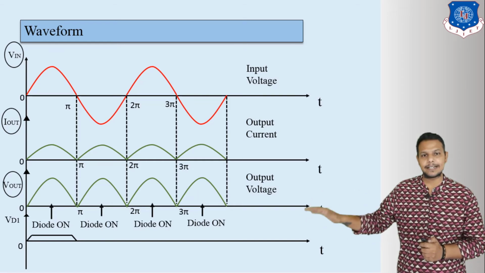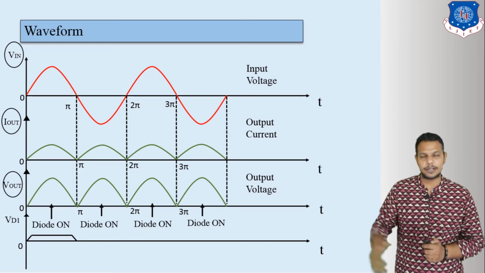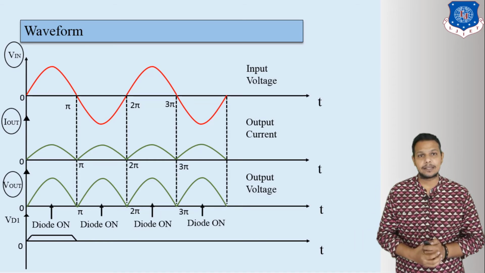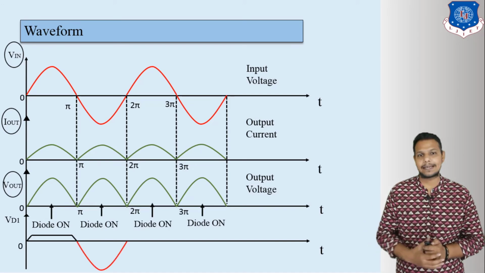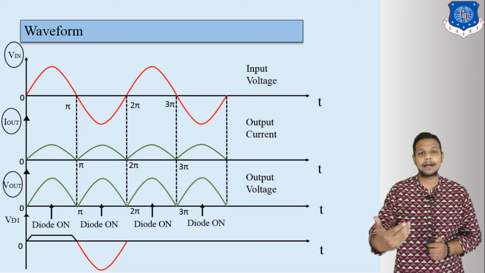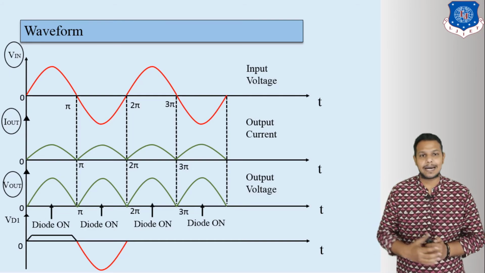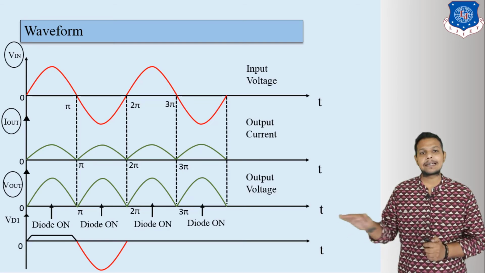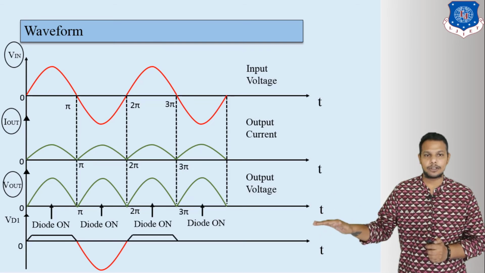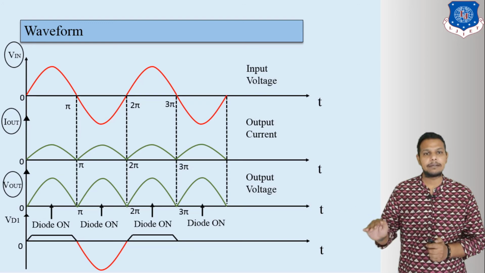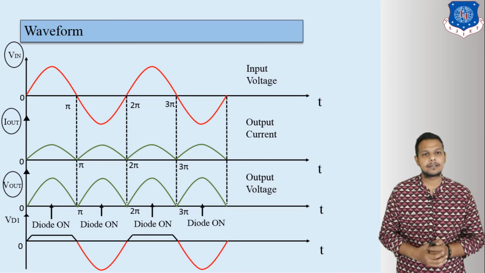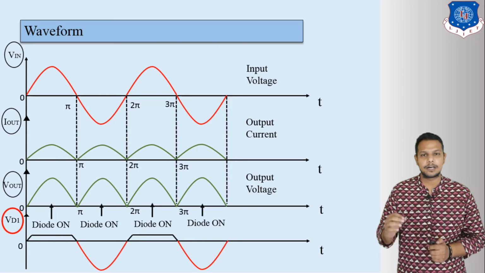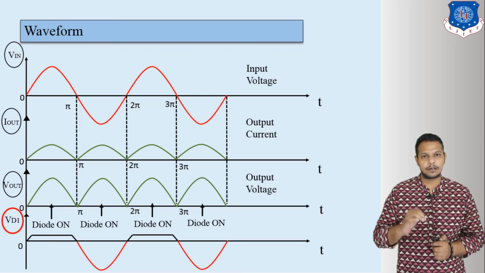If there is a negative half cycle, you will get the same as the input waveform. Again, if you apply the positive half cycle at the input terminal, then you get 0.7 volts across diode D1. Similarly, if you apply negative, you get the same negative waveform. So this is VD1, the voltage across diode D1.